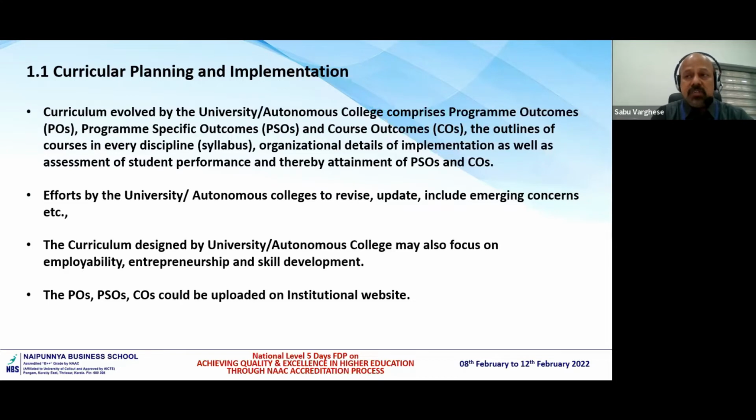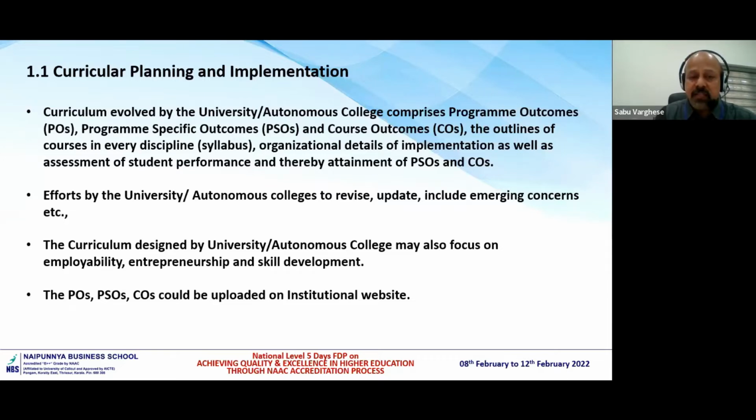And the first criteria, first key indicator is 1.1, curricular planning and implementation. This is a curriculum evolved by the university. When a curriculum is evolved by the university and autonomous college, it will include program outcome, program specific outcome, course outcome.